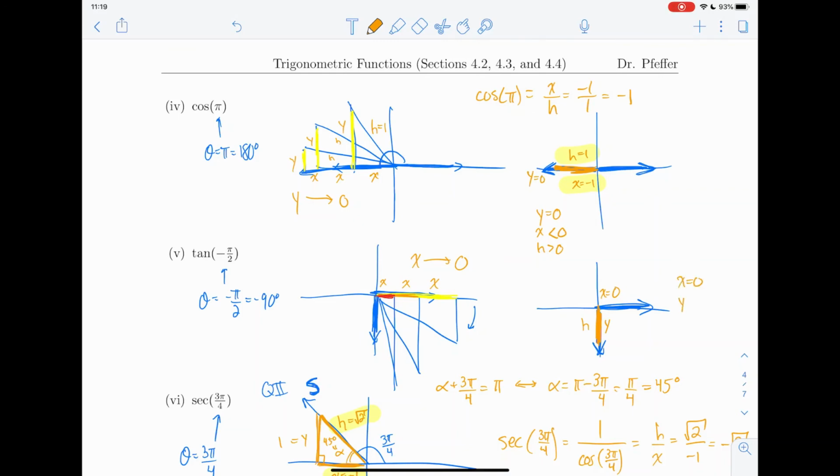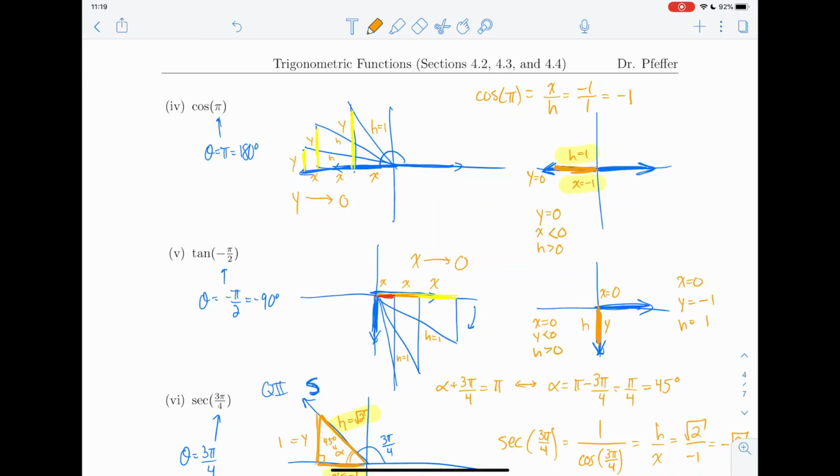The y, again, is going to be equal to, well, it's pointing downwards, so that's negative. We're going to agree that since all this is occurring on a unit circle, these h's are going to be 1s. So the y here is equal to -1, whereas the h is equal to a positive, because as we noted over and over again, here x is 0, y is negative, and h, the hypotenuse, is always positive.